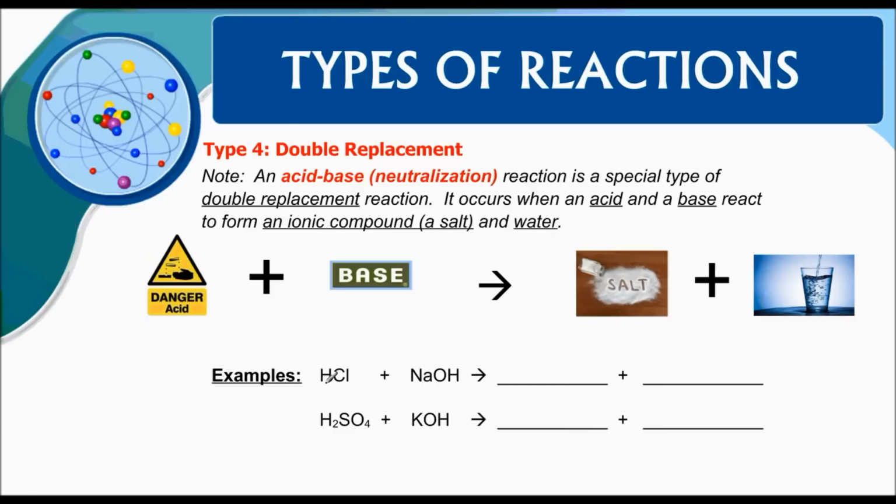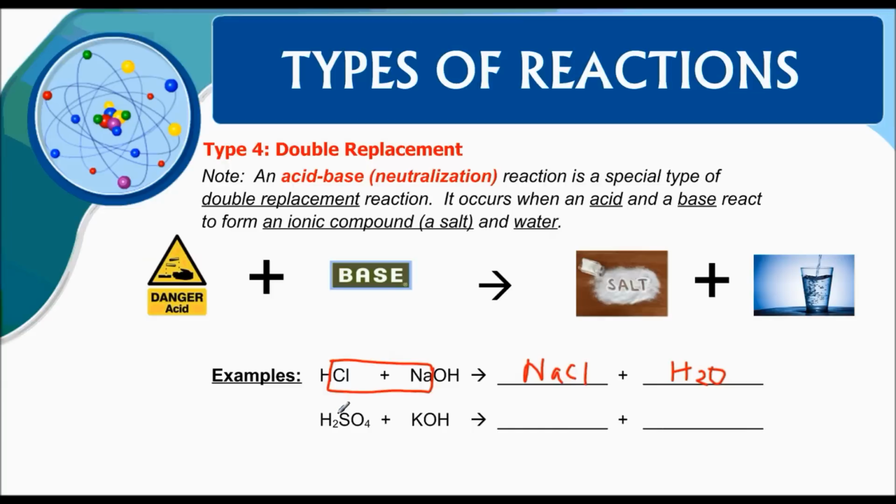So for example here, we've got hydrochloric acid reacting with sodium hydroxide. Using the box method here, it's very easy. I've got sodium chloride forming and water forming as well, because hydrogen and hydroxide form H2O, water.